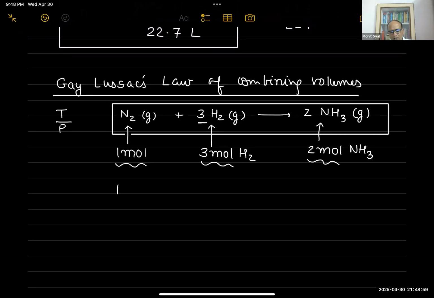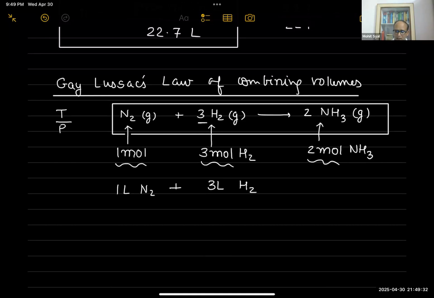Suppose if I take 1 liter of nitrogen, how many liters of hydrogen do I need under same temperature and pressure? 3 liters of hydrogen? Yes, 3 liters. So the particles are 3 times. If the particles are 3 times, 3 moles, the volume will also be 3 times the volume of nitrogen.